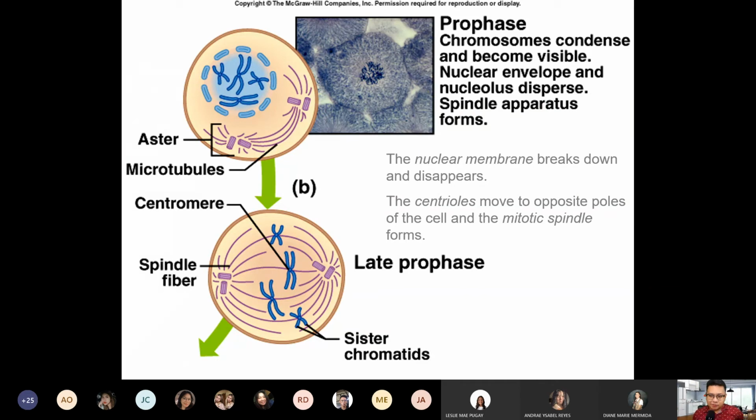Okay. So let us describe each part of the cell division. Each part of cell division is marked by what happens.